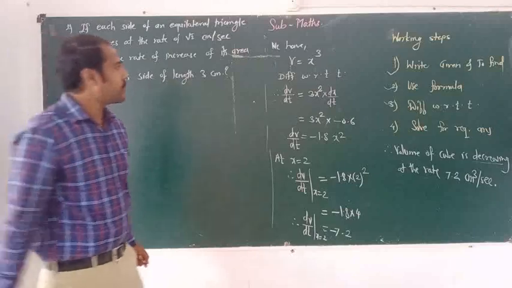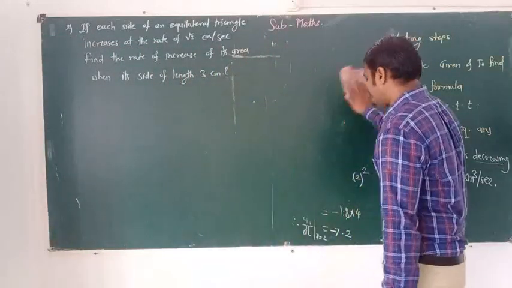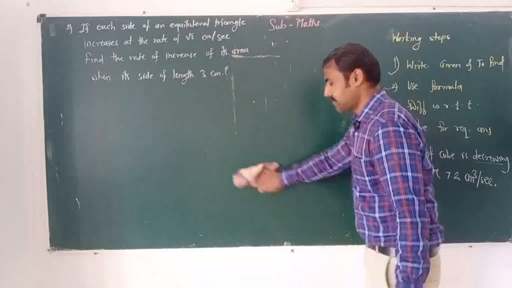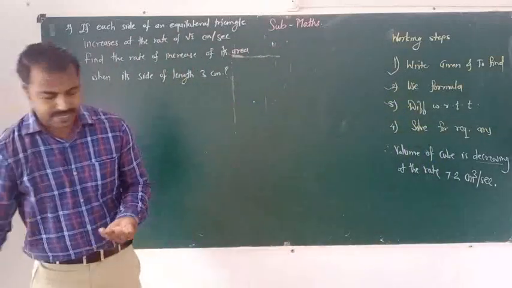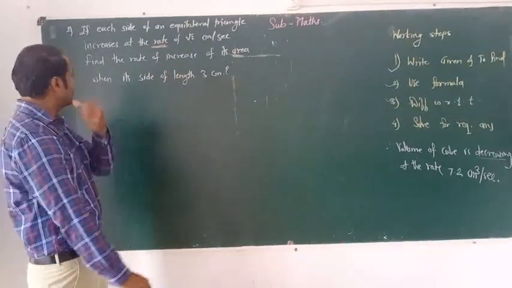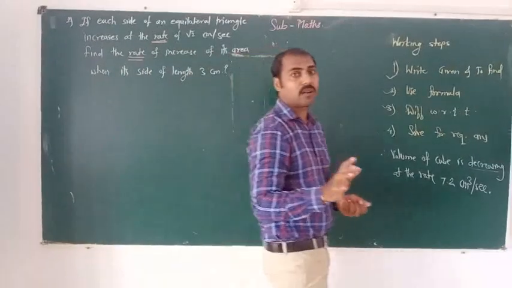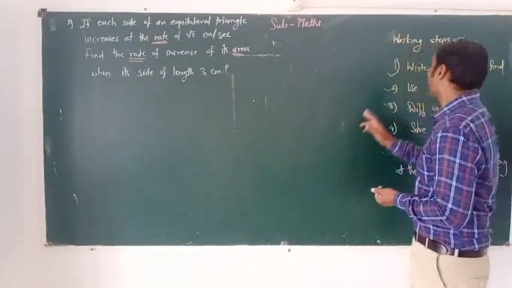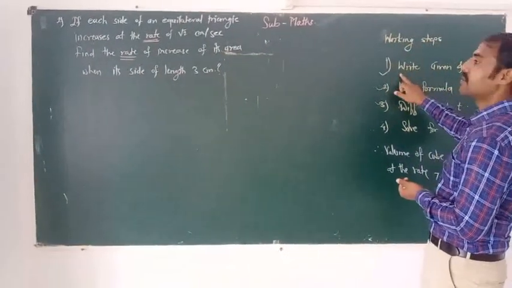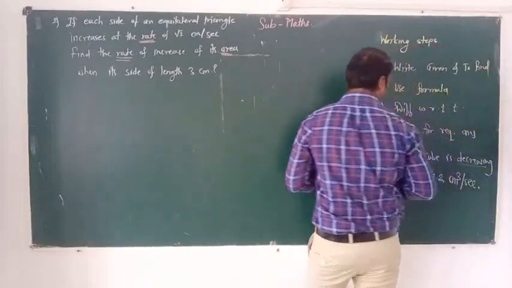In this example, the word rate is there. So clearly the example is on rate measures. First working step is find the geometrical figure and write given and to find quantities.